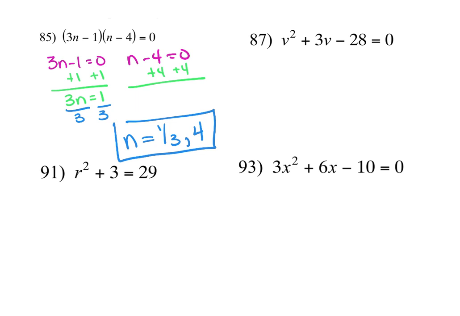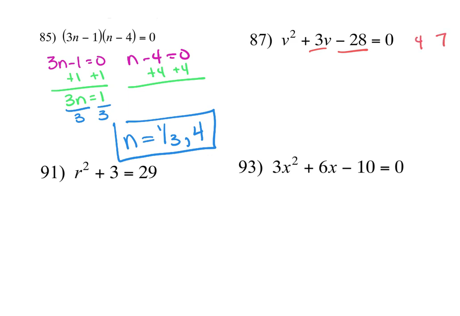When it's not factored, you're going to do exactly what you did back at the factoring chapter. Factors that multiply to give you a negative 28 and add to give you a positive 3. What are they? What multiplies to give you 28 and adds to give you a 3? 4 and 7.